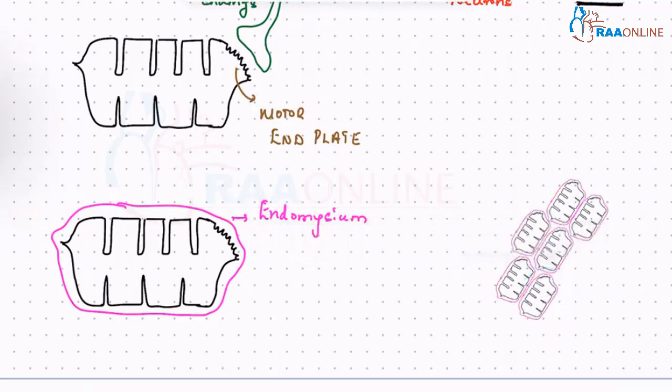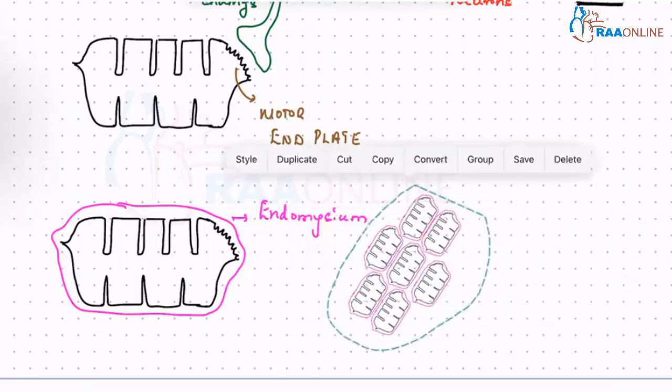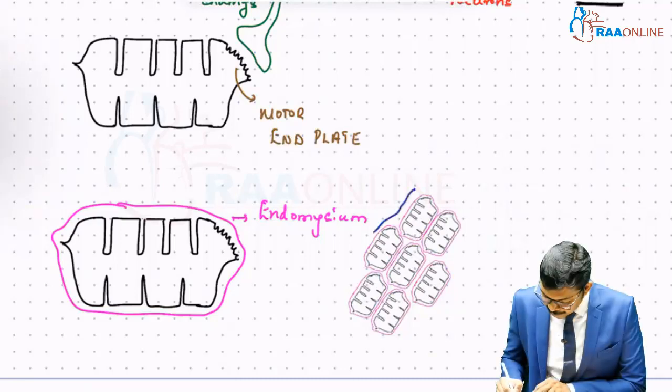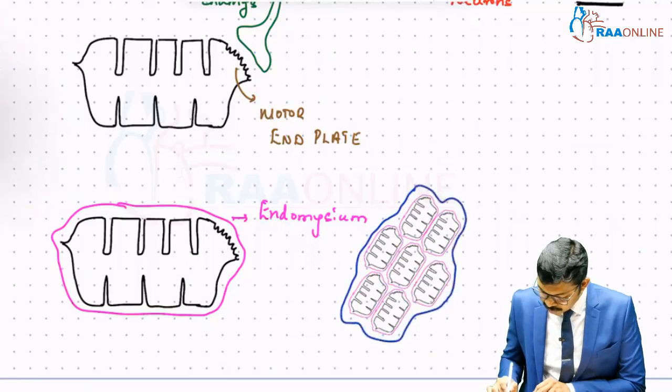So now let me take this as a muscle fascicle, which is also called a microbundle, and these fascicles are collectively covered by a membrane, and that membrane is called the perimysium. The whole structure is called a fascicle.